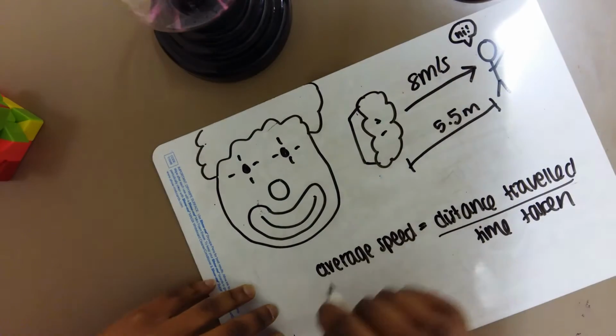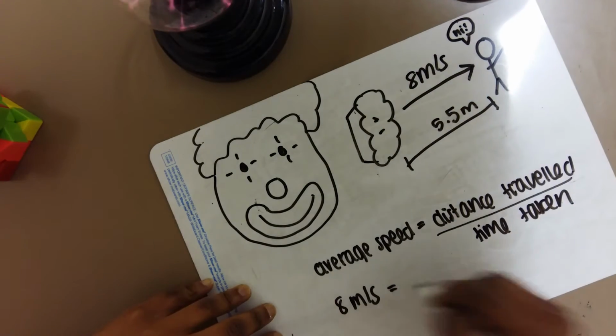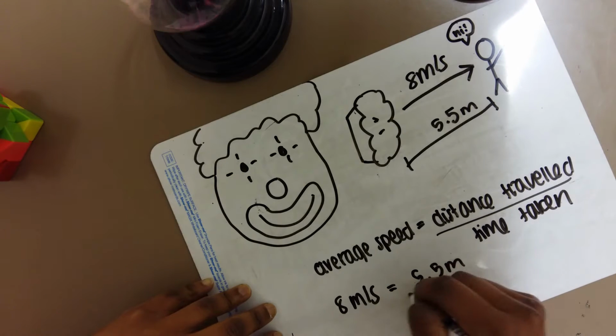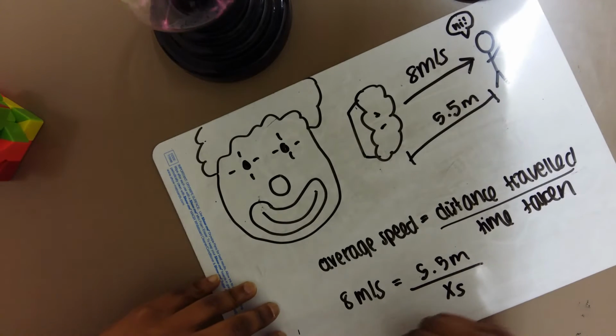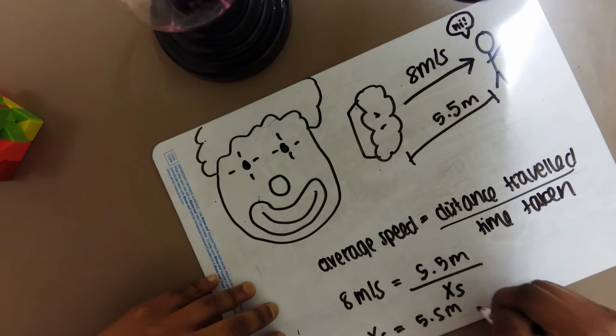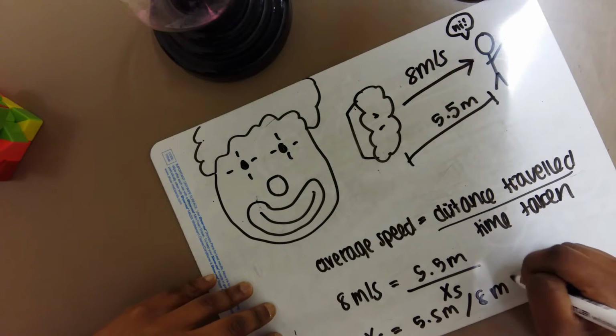So if we plug in these values, we get 8 meters per second, if we assume that is the average speed of the pie. Distance traveled, we have that as 5.5 meters over time taken. We don't know how long that takes. So if you rearrange the equation, we get x equals 5.5 meters divided by 8 meters per second.